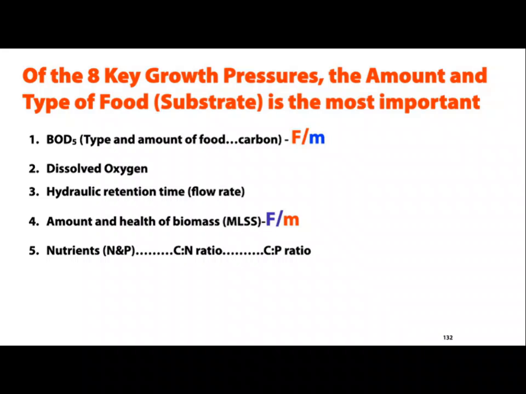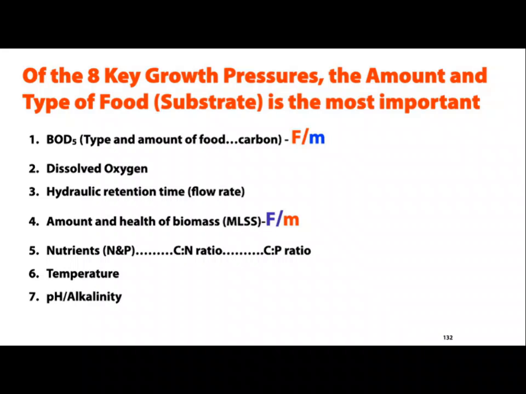But the other trace nutrients are typically not relevant for most municipal systems. If we're dealing with industrial waste that have highly purified water sources to begin with, where most ions have been removed, ultra-filtered water, ultra-pure, we may have to be supplementing or adding other things. The carbon, nitrogen, and phosphorus are big.